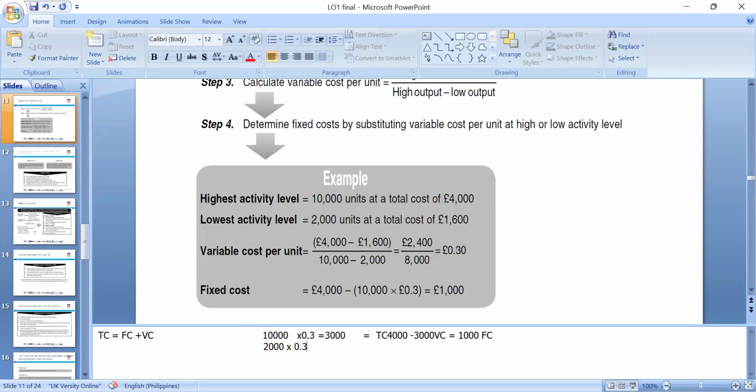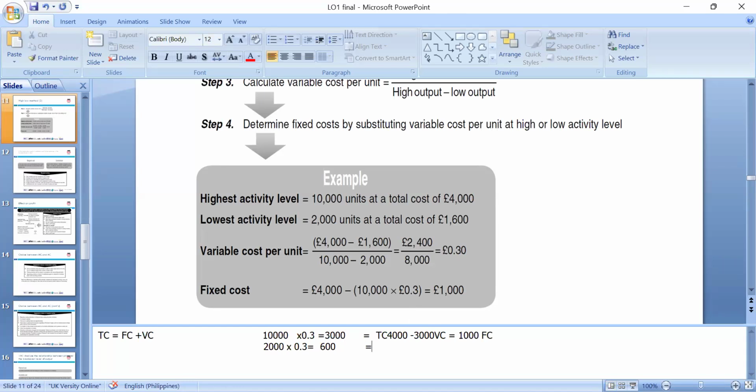What answer will come? So it equals 600. Done, 600.